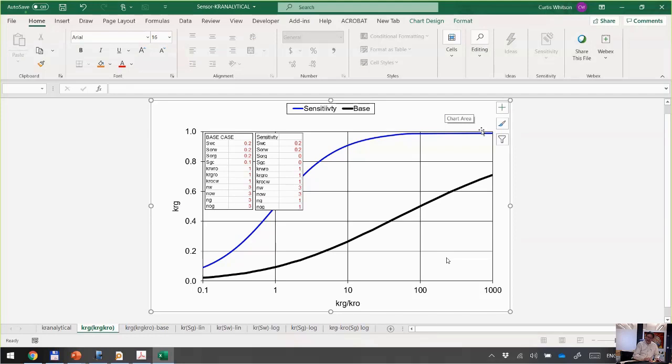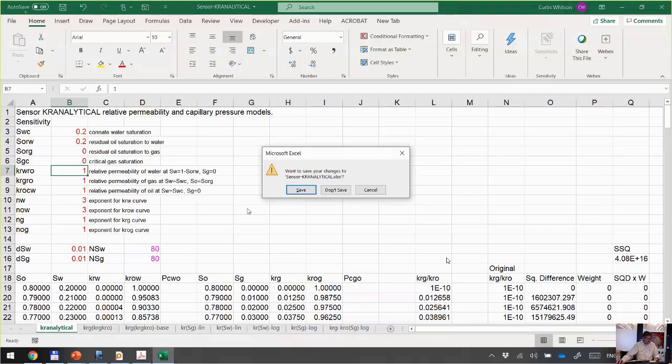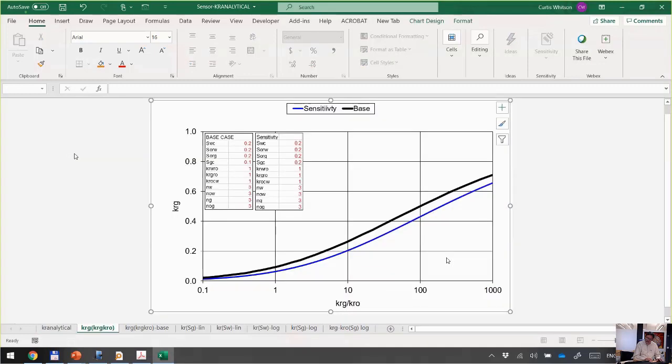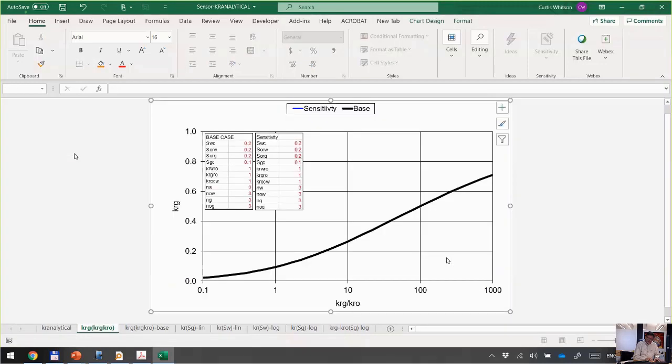Okay. Anyway, this is a sheet that is okay to have. Let me try to get this back to the original, 0.2, 0.1. There we go.